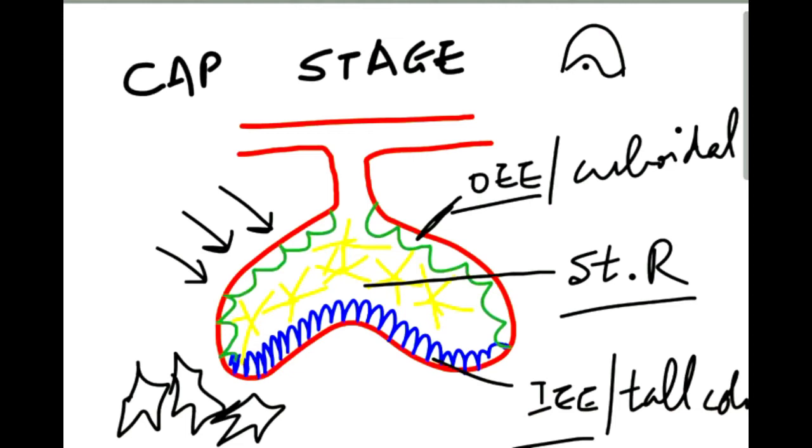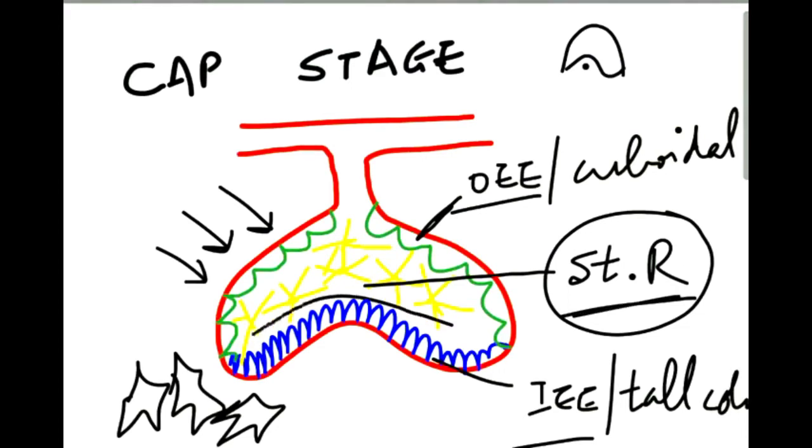This stellate reticulum has a very important function in tooth development. It has a cushion-like effect, or it acts as a shock absorber, and it protects these delicate enamel forming cells of the inner enamel epithelium.